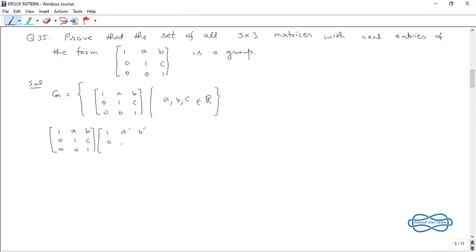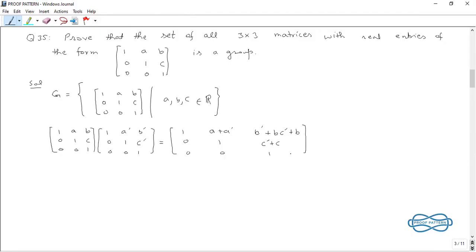The first one is 1 A B, 0 1 C, 0 0 1, and the second is 1 A prime B prime, 0 1 C prime, 0 0 1, and the result will be of the form 1, A plus A prime, B prime plus B C prime plus B, 0 1, C prime plus C, and 0 0 1.